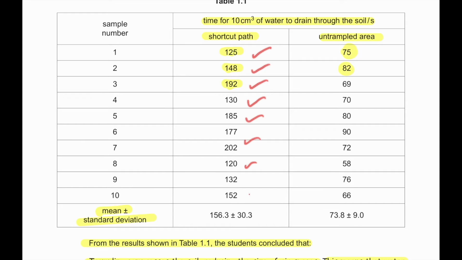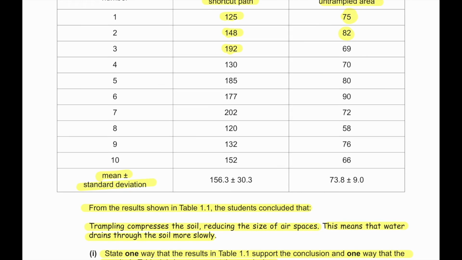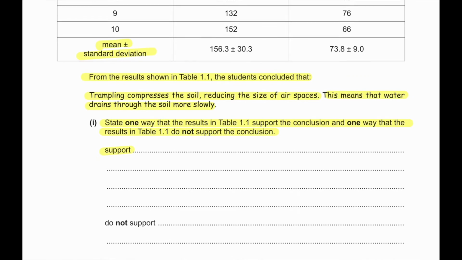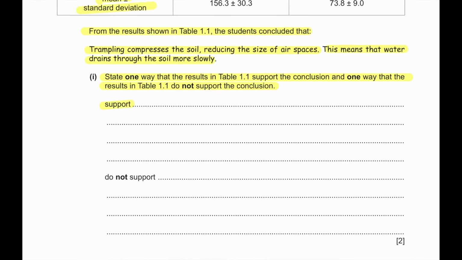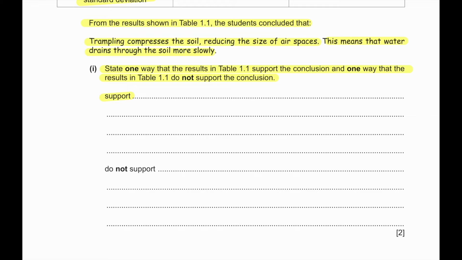So that's why it supports the conclusion. Now, why it doesn't support the conclusion is that there is no information about soil airspace, whether in the trampled or untrampled area. So that's why it does not support it.